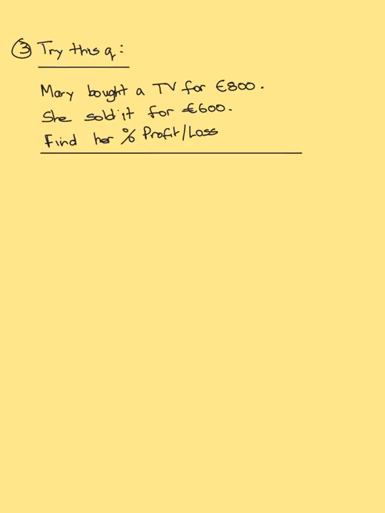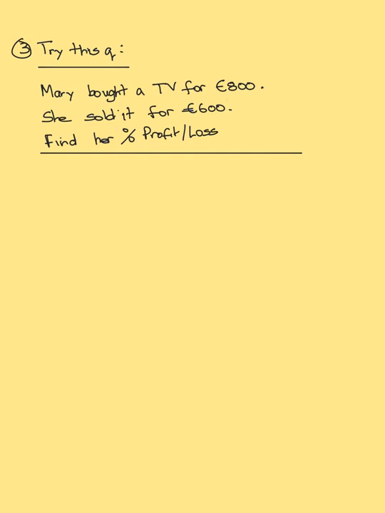Here's a question now I want you to try yourself. So again, you're going to have to pause the video and take this down. Mary bought a television for €800. She sold it for €600. Find her percentage profit or loss. Now look back at the example. Don't forget, you have to show your calculation and decide whether she makes a profit or a loss.